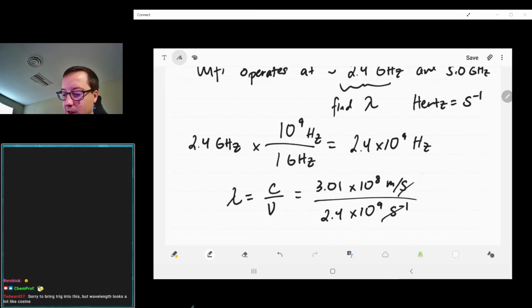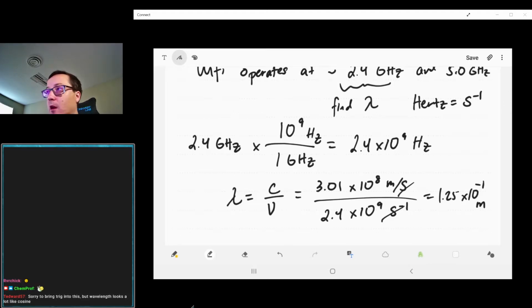Per seconds will cancel out. And we're going to be left with, let's have a look, 3.01 divided by 2.4. We have 1.25 times 10 to the negative 1 meters. Something like that.